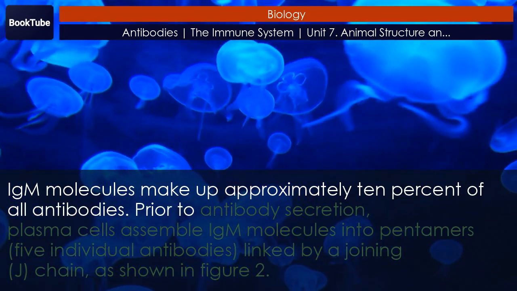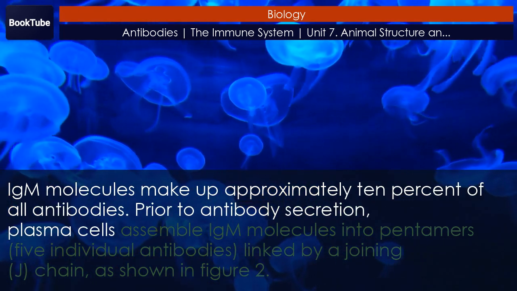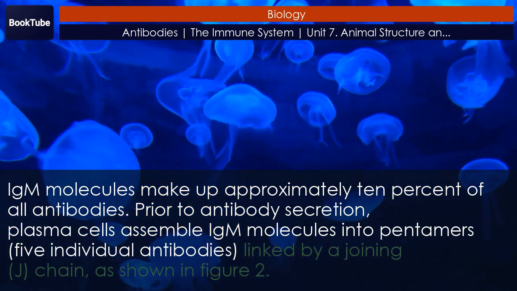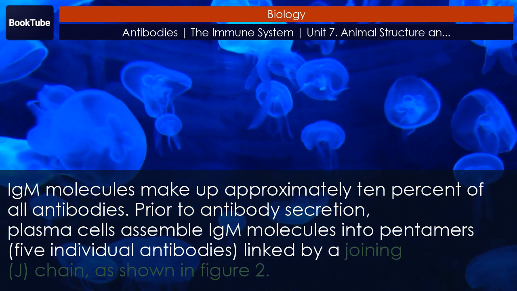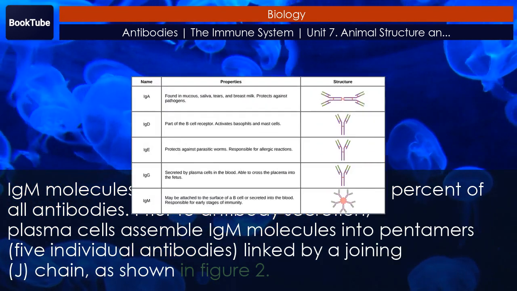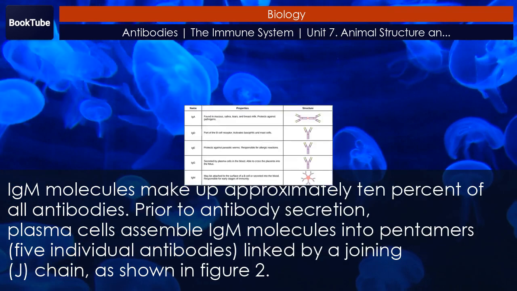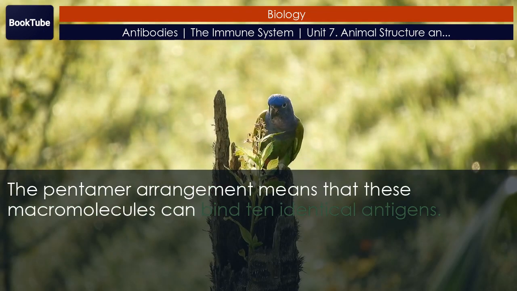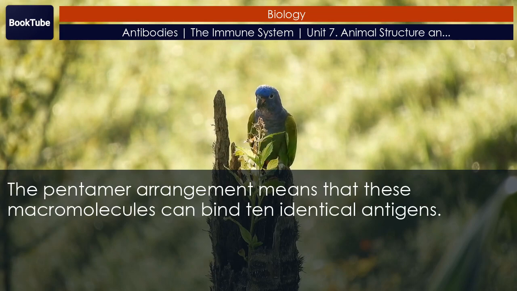Prior to antibody secretion, plasma cells assemble IgM molecules into pentamers, 5 individual antibodies, linked by a joining J chain, as shown in Figure 2. The pentamer arrangement means that these macromolecules can bind 10 identical antigens.